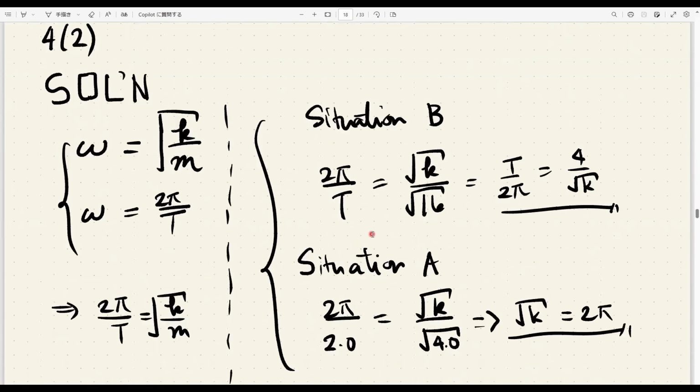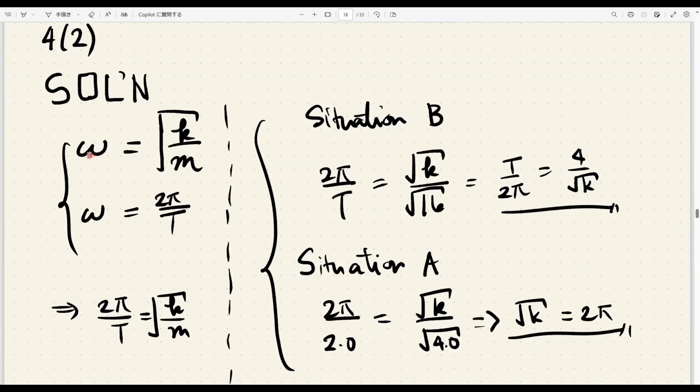Just to solve this, we recall that we can get the relationship of the period, the spring constant, and the mass as follows. Here I use what I know, which is the angular speed, which I denote with omega.